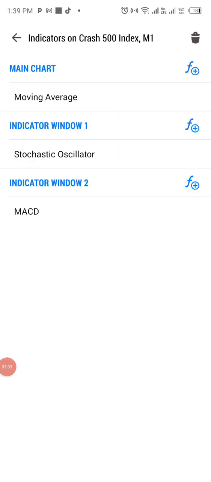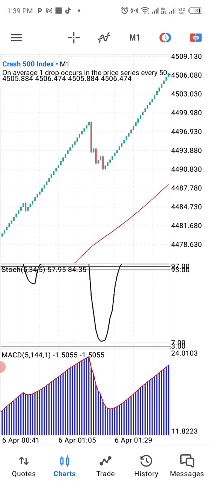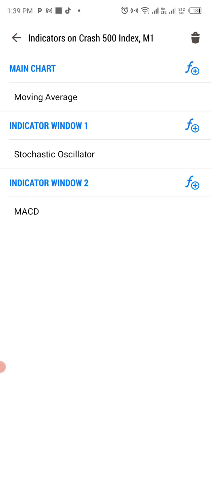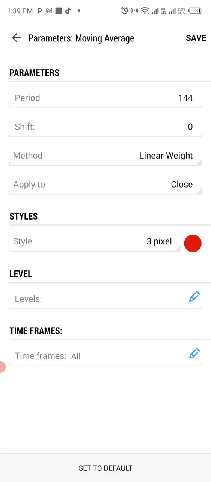So you go to your indicators, where you have all the indicators. Here I'm only using period 144. Method is linear weighted. Apply to close. You can use any color of your choice. I use red.